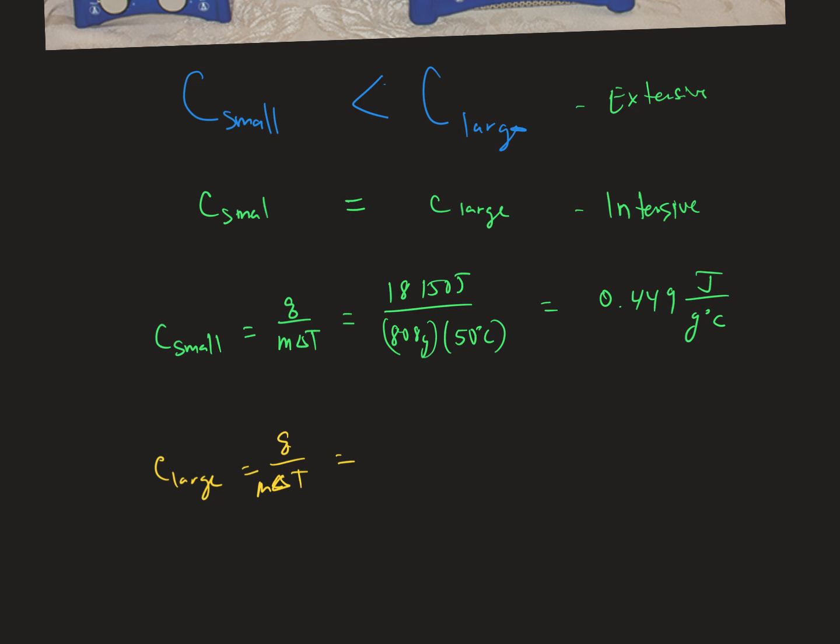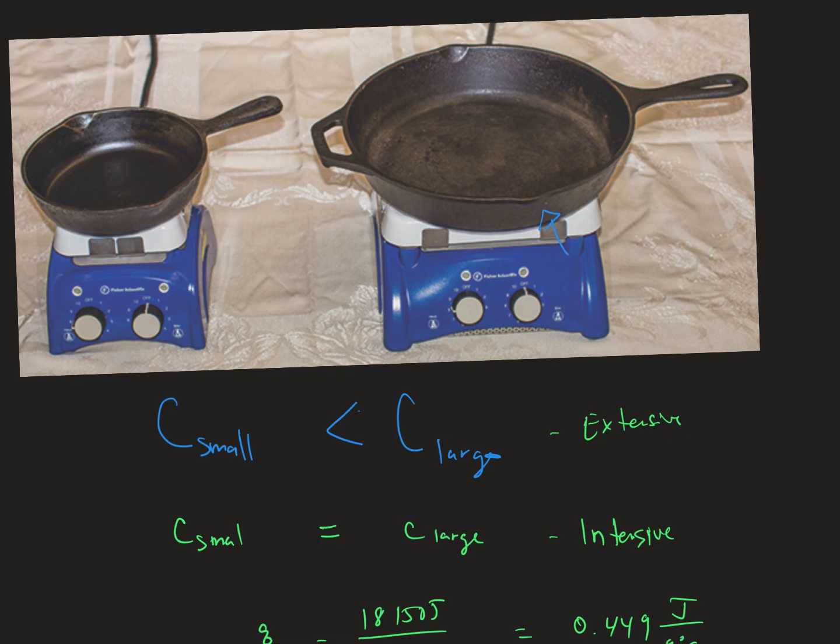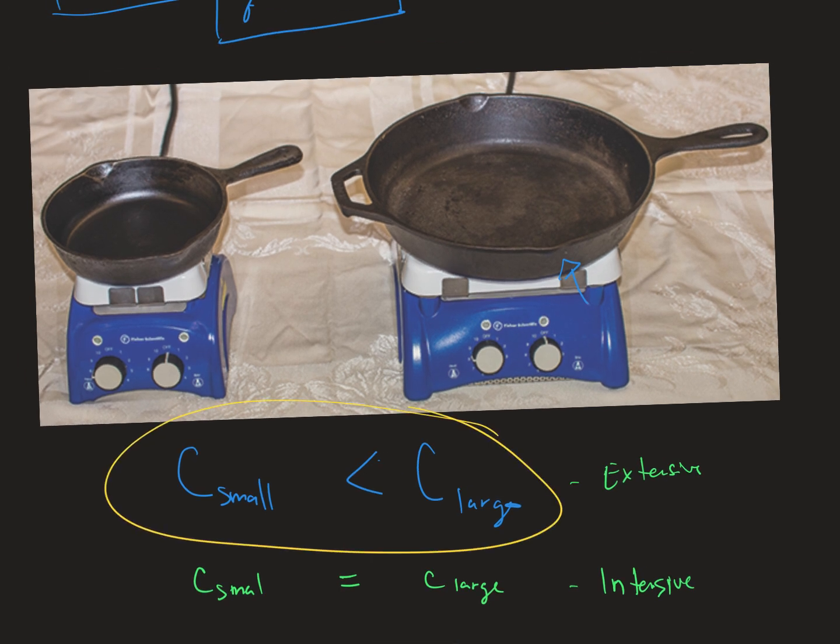Let's see. We just talked about this right here. What's the heat capacity of the two pans? We're changing both of them by the same number of degrees Celsius. So this big pan is going to have more heat because there's more of it. Make sense?